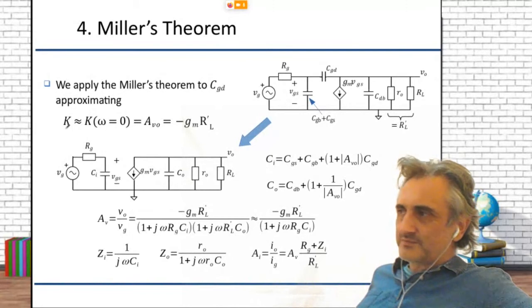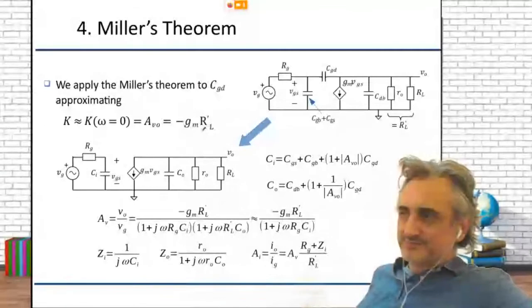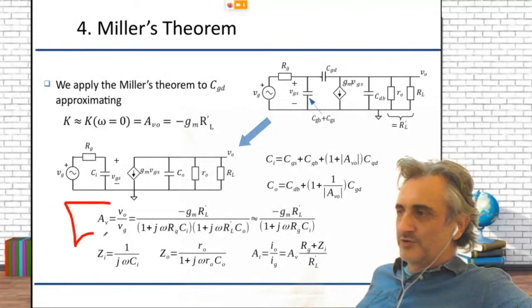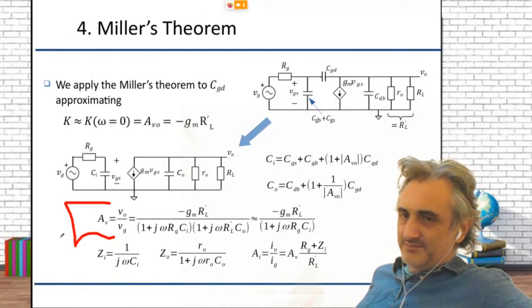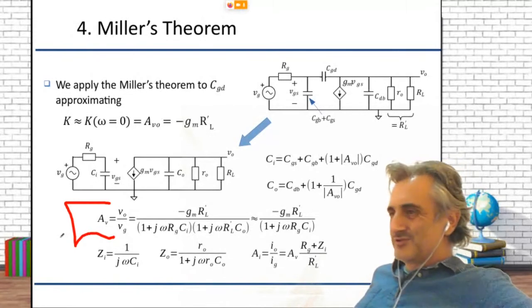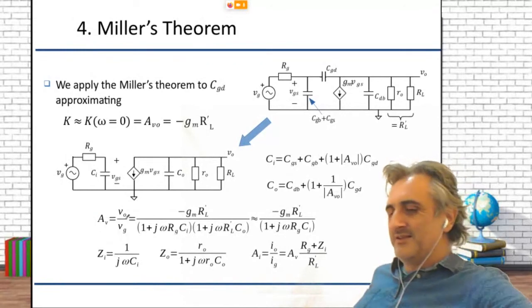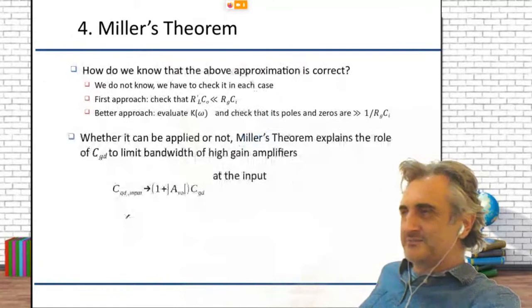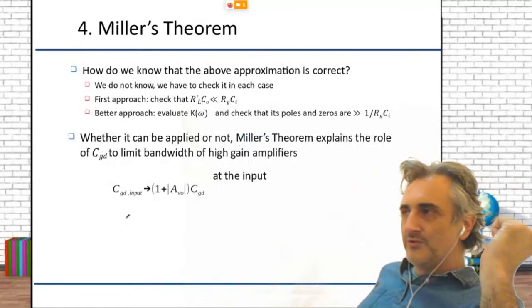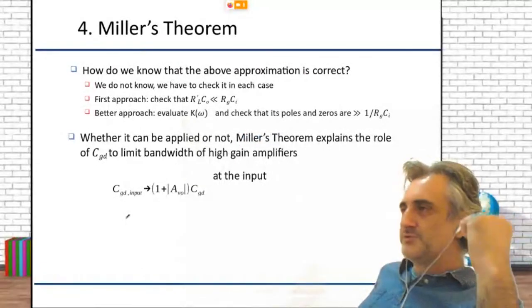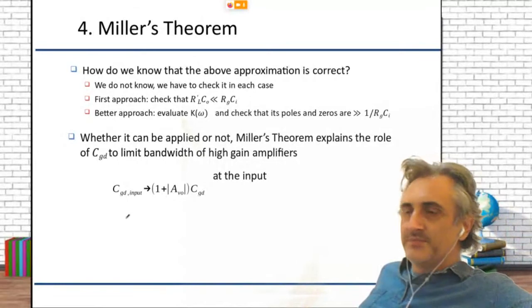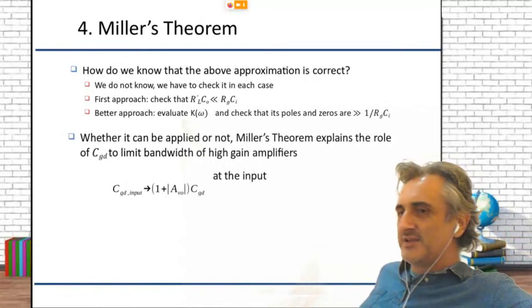So here we assumed that the gain was a constant, and we have used this assumption to calculate a non-constant gain. So how can we know if this approximation is correct? We don't know. If we wish to know if the approximation is correct, we have to check it by hand in each case.